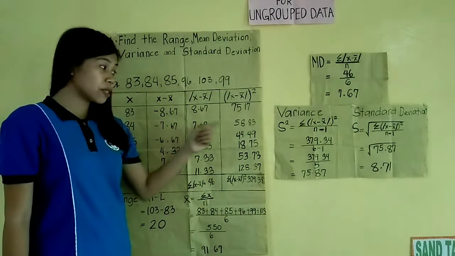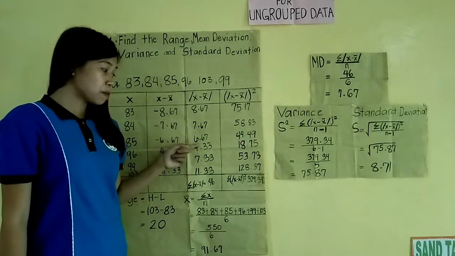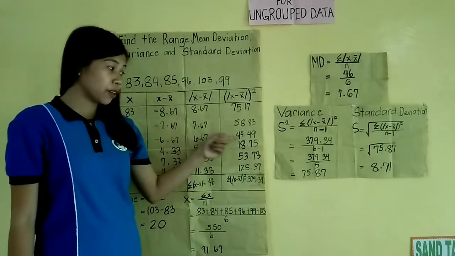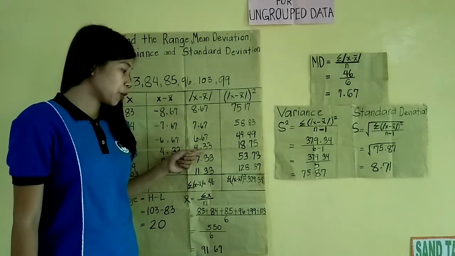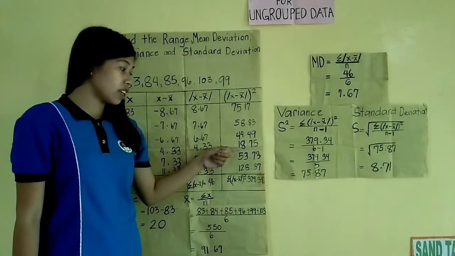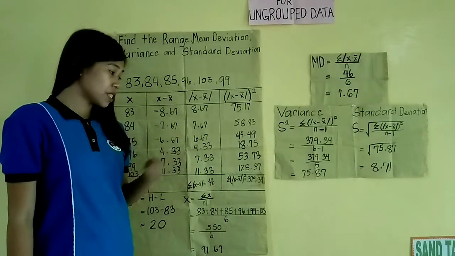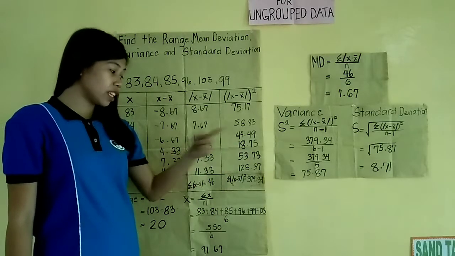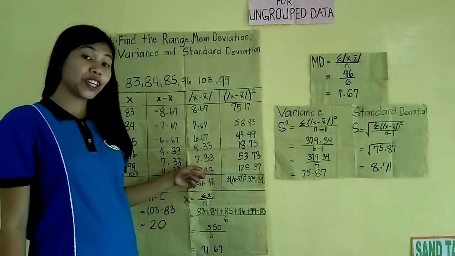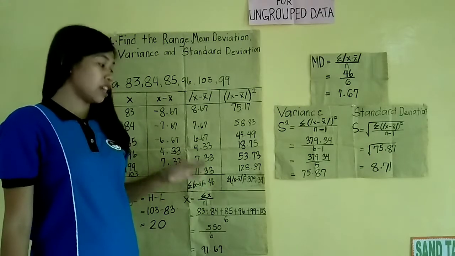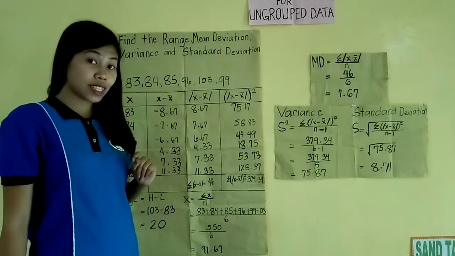7.67 times itself is 58.83. 6.67 times itself is 44.49. 4.33 times itself is 18.75. 7.33 times itself is 53.73, and 11.33 times 11.33 is equal to 128.37.